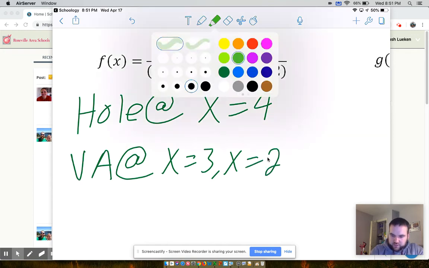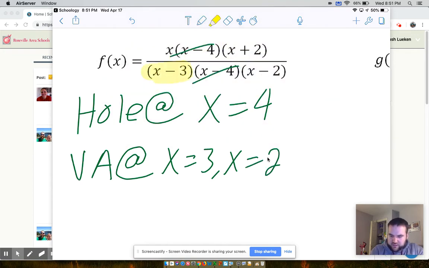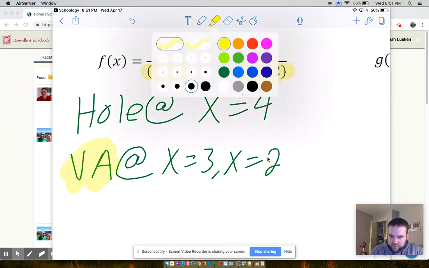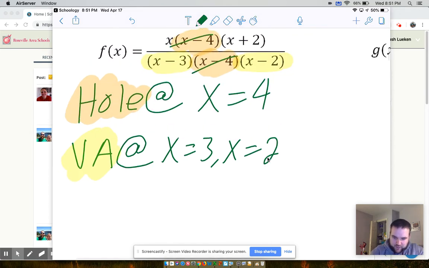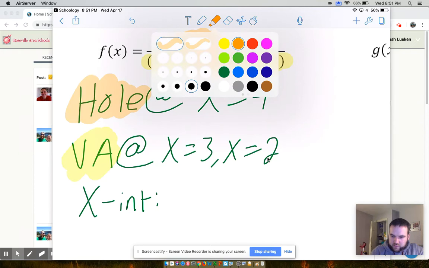Just to keep this organized, these remaining ones give me the vertical asymptotes. The canceled out terms give me the holes of the graph, any holes that there are in the graph. And then finally, didn't ask for x-intercepts, but it's just so obvious that I'm just going to do it anyway.